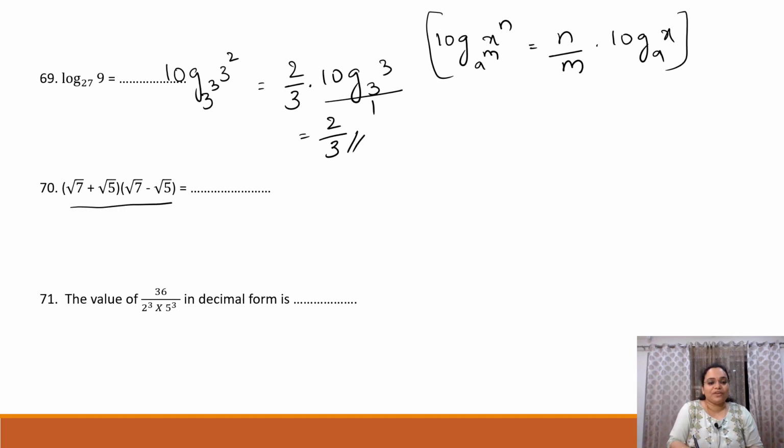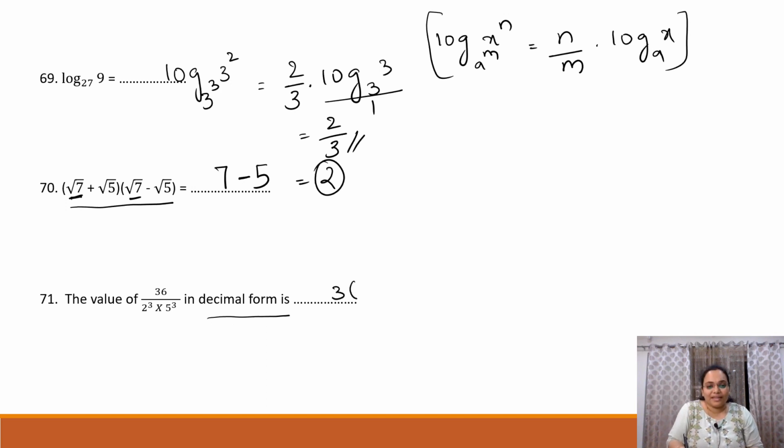See, if you observe here, root 7 into root 7 is 7. Right? So plus into minus is minus. Root 5 into root 5 is 5. That is 2. Clear? So the value of 36 by 2 power 3 into 5 cube in decimal form. Okay, they are asking this value in the decimal form.